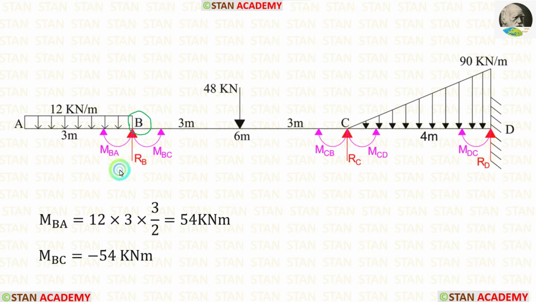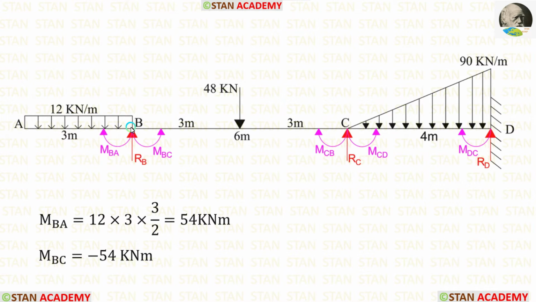In the joint B, we can easily calculate the moments because on the left of B, there is overhanging. To find MBA, we have to calculate the moment in the point B from the point A. In the overhanging span, there is a UDL 12 kN per meter. The length of overhanging is 3.